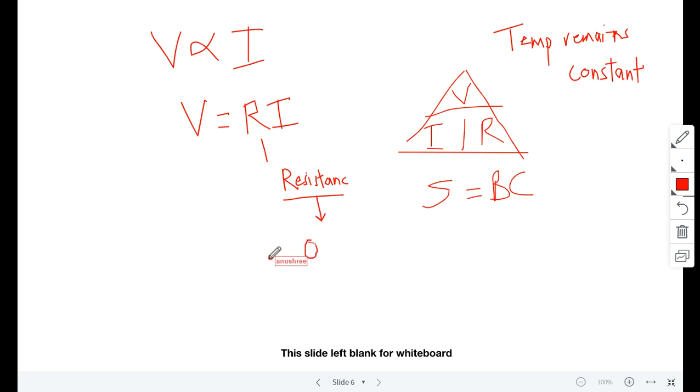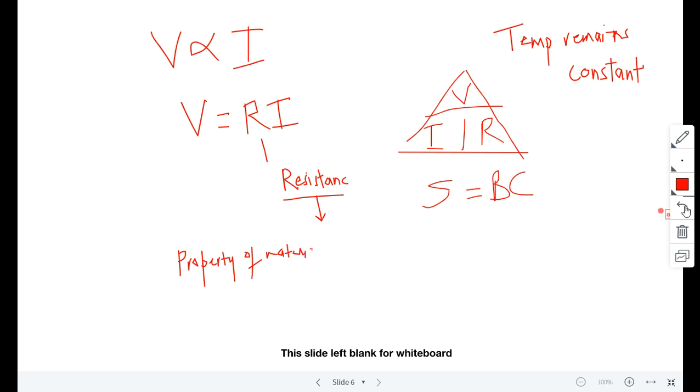Resistance is a property of material that obstructs the flow of current.